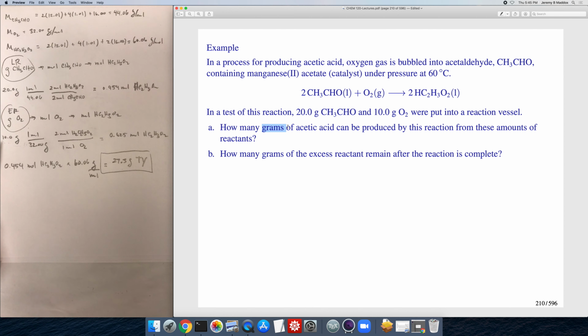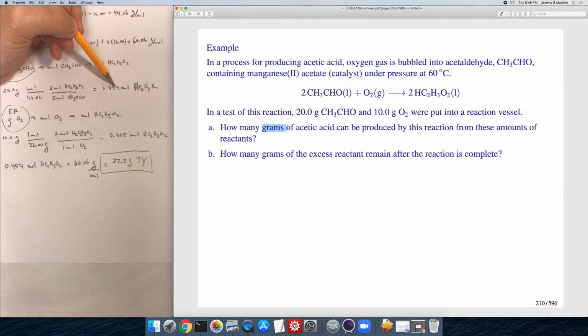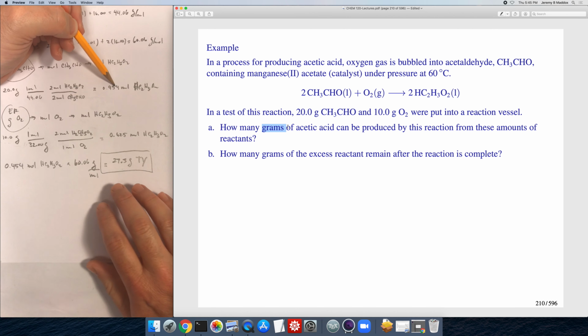So what we need to do is take the theoretical yield of acetic acid in moles and back calculate the moles of oxygen, or rather the grams of oxygen that react.